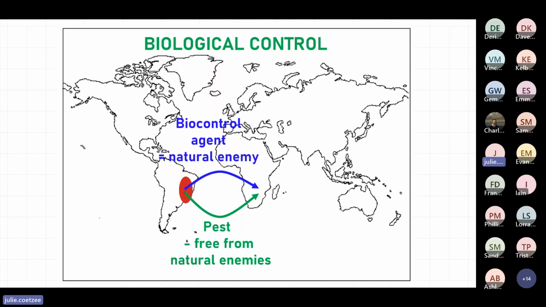And we then bring them back to our quarantine facilities and make sure that they are 100% host-specific, or as near as host-specific as is required for the program, and that they are damaging and that they are necessary to release. So in a nutshell, that's what biological control is.